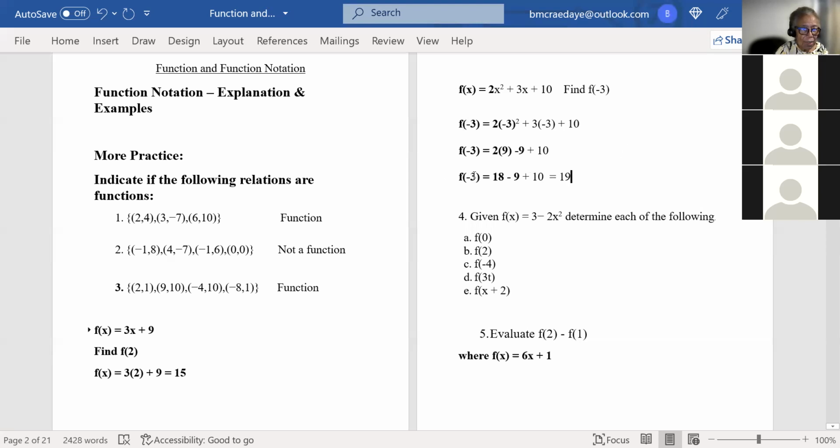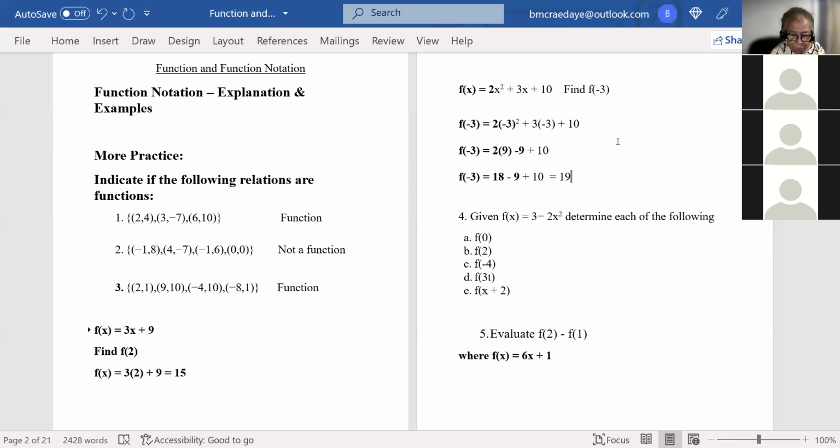F of minus 3 is 2 times minus 3 squared. That's from 3 times x, 3 times minus 3. Then do the math, and that's what you get.